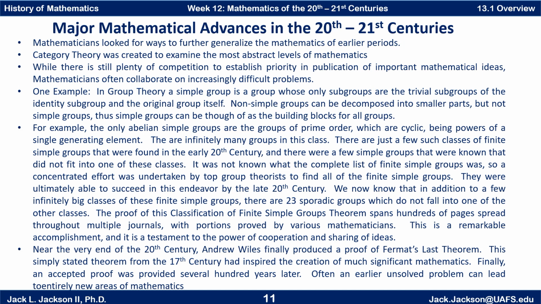So this is a theorem from the 17th century, and work on this problem, even though it's simply stated, actually created a lot of significant mathematics. And so finally, we got an accepted proof that was provided several hundred years later. Often, an earlier unsolved problem can lead to entirely new areas of mathematics.